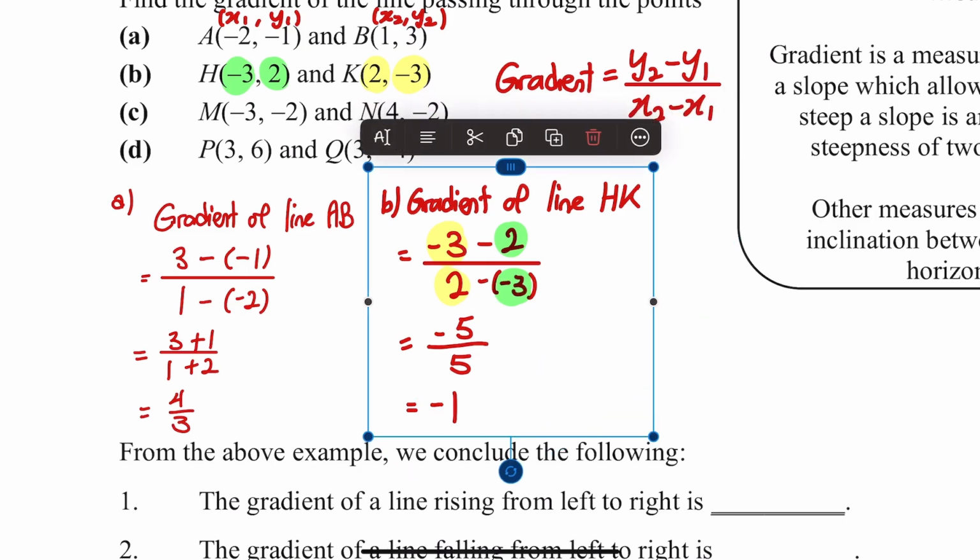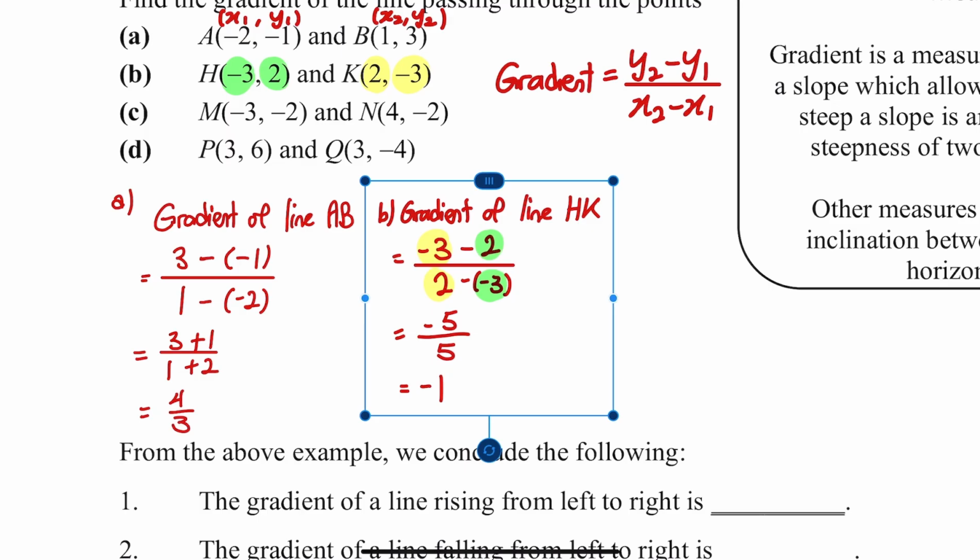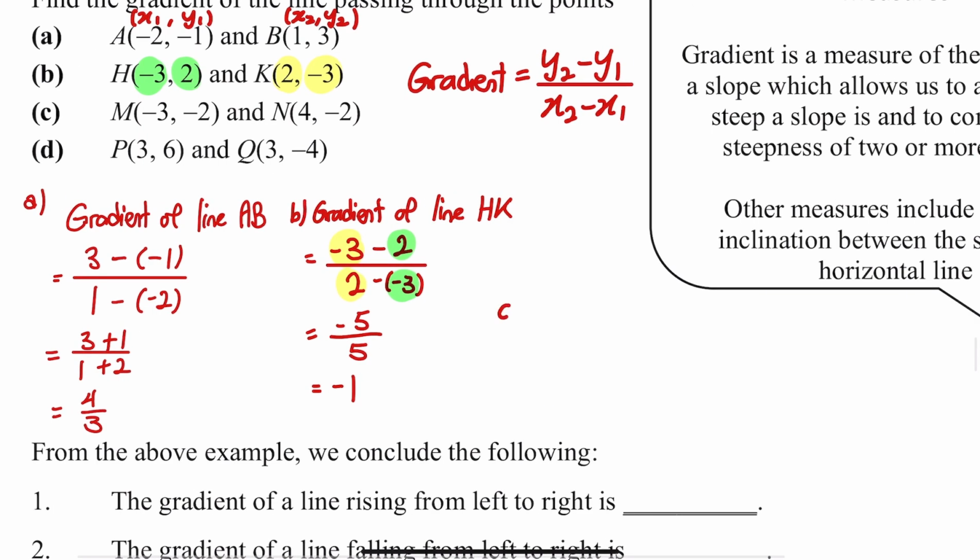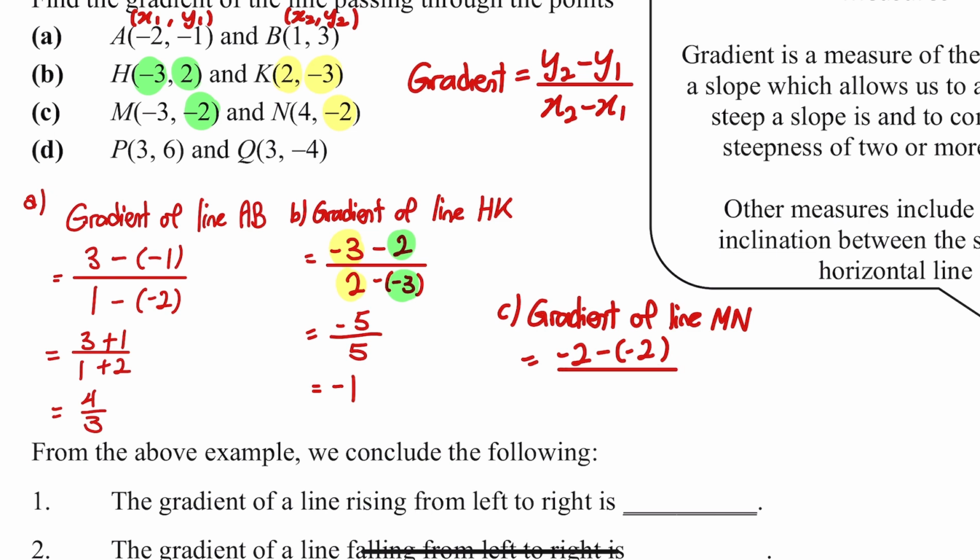Let's now look at part C, gradient of line MN. This is simply equal to y2 minus y1. y2 is negative 2 minus negative 2, then y1 is simply 4 minus negative 3.